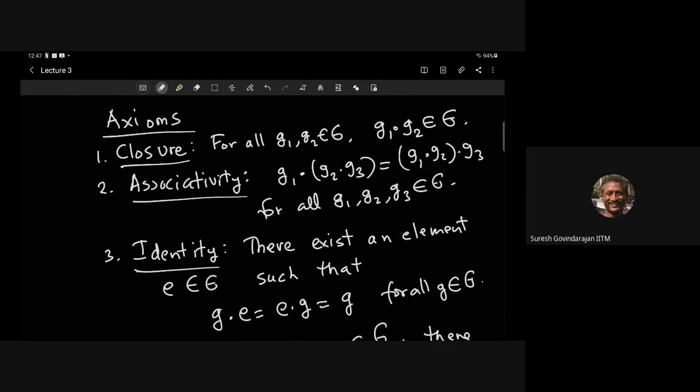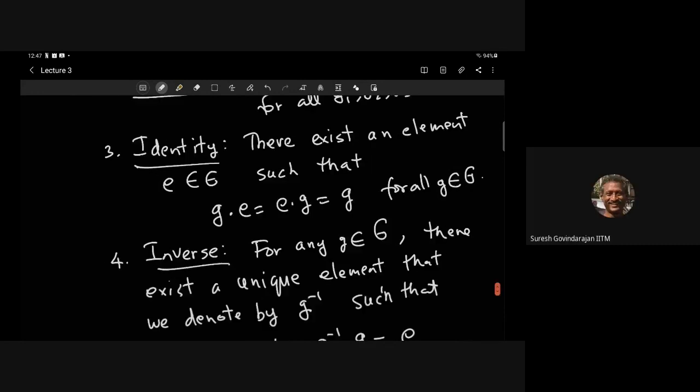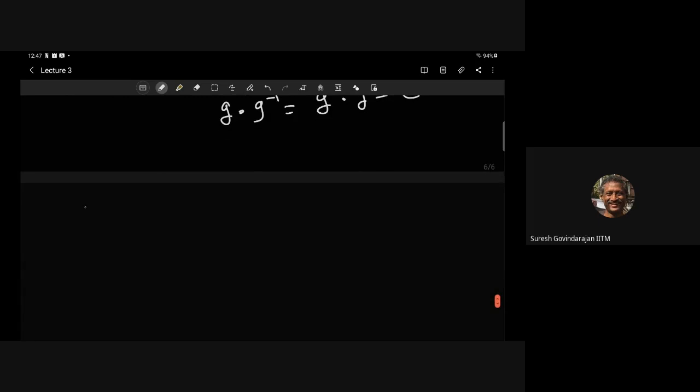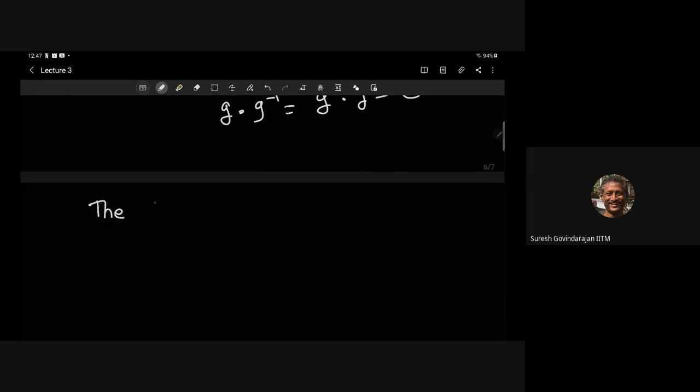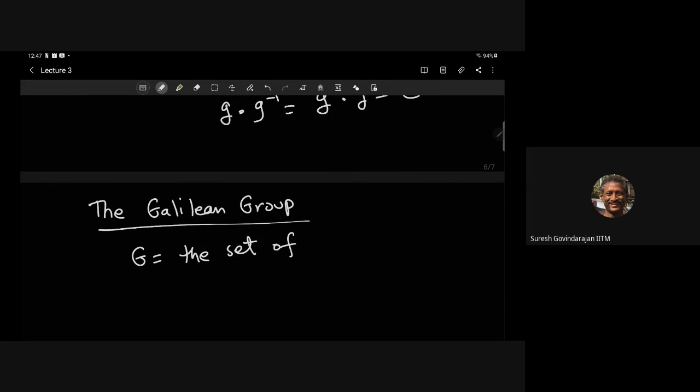Okay, so now you can see that the Galilean group is the following: G equal to the set of all Galilean transformations.